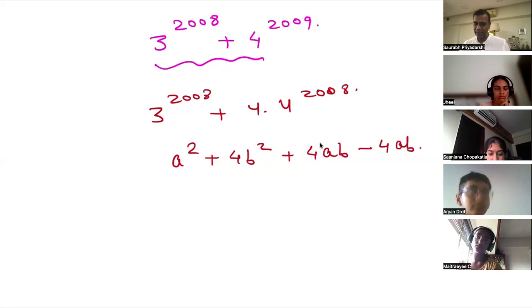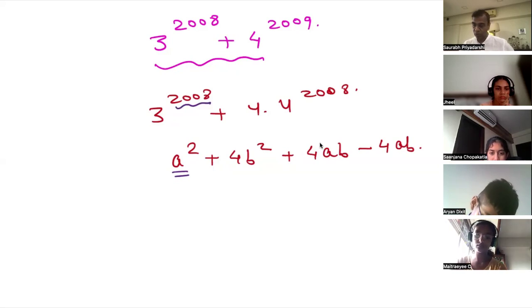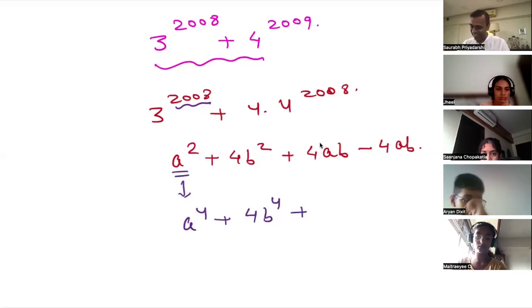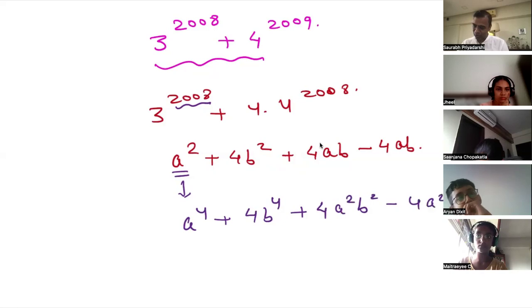And more precisely, since 2008 is divisible by 4, I'm not writing a square. I'm writing a to the power 4 plus 4b to the power 4. It will be easier to understand what we are going to do.